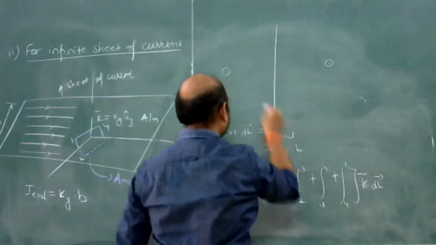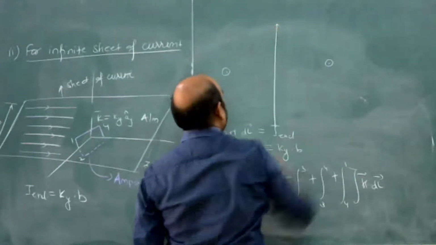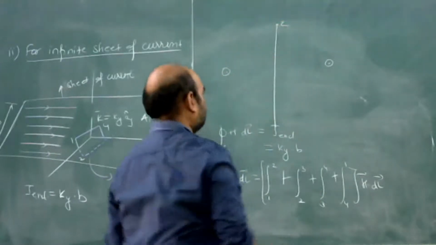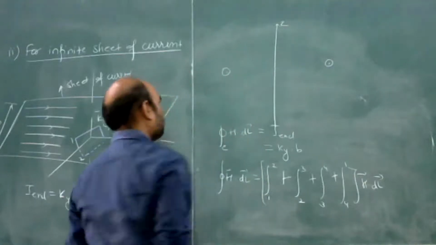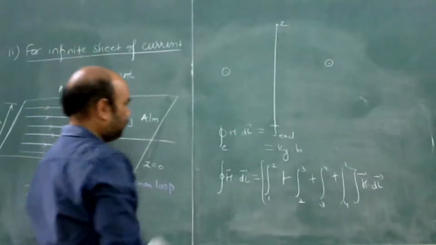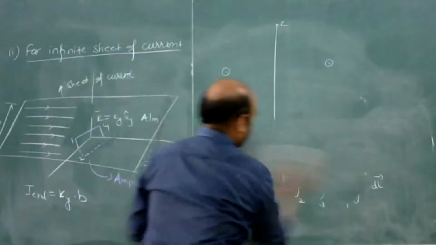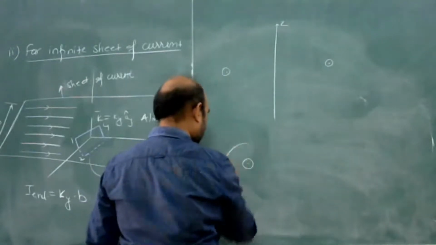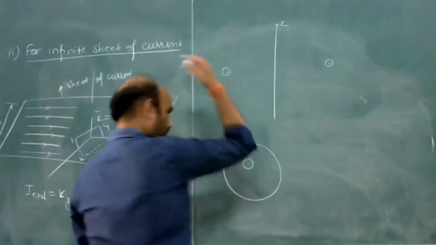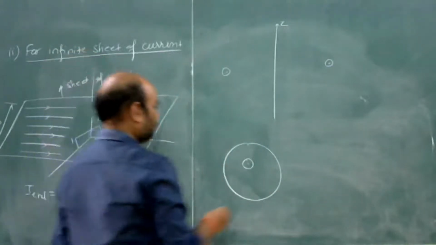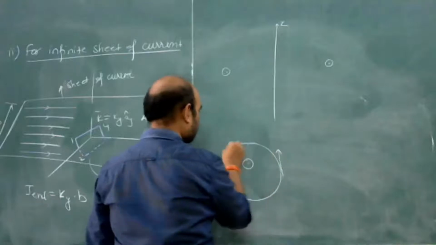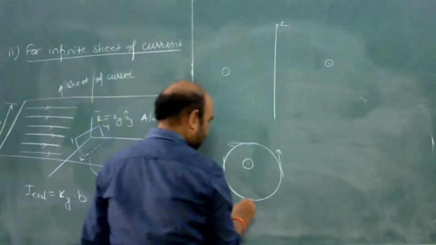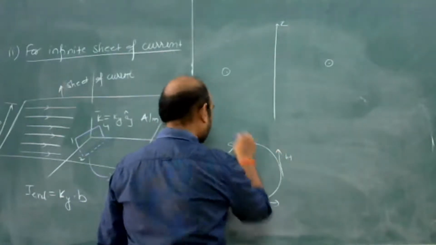This is the z-axis. So we know that whenever we take a point conductor, if it is in the z direction, the H is always tangential to this.